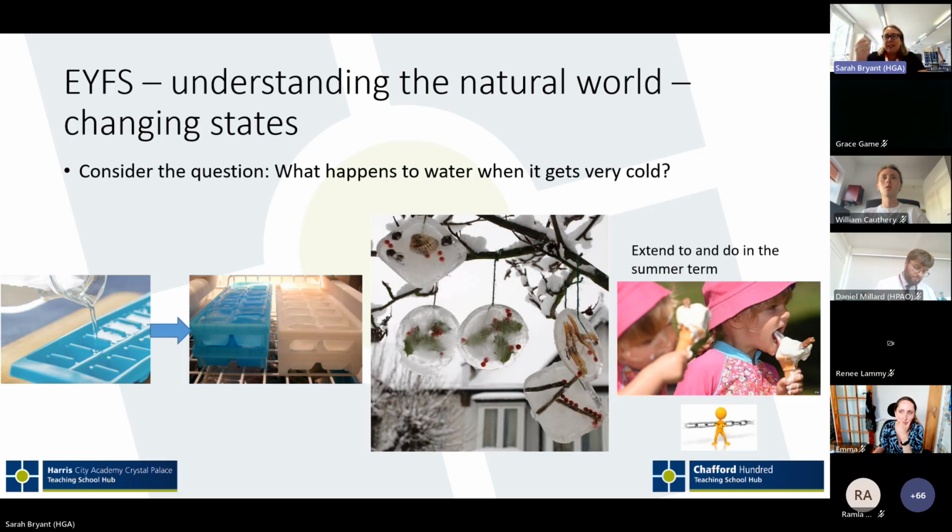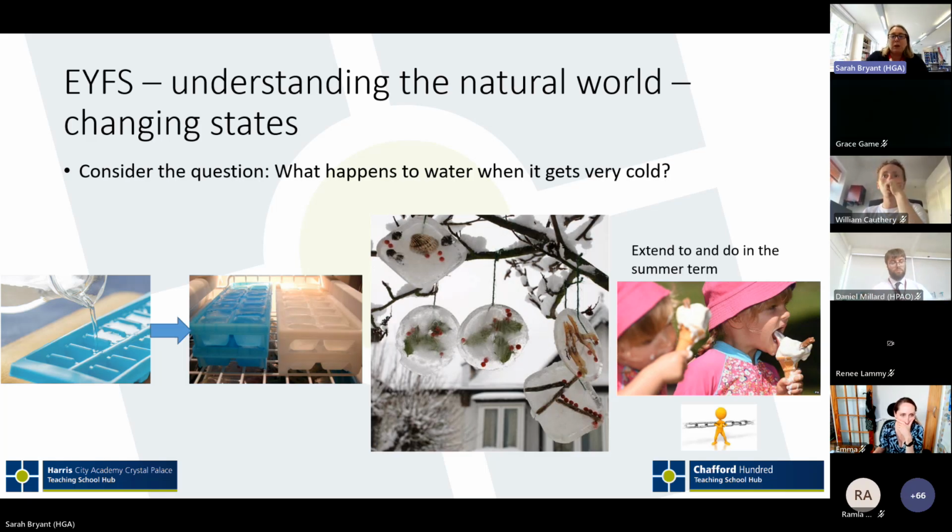Let it freeze, get it out of the freezer. What's happening to the lollipop now? So actually observing it happen, the fact that it's melting very, very fast at the moment. So we have to eat it quickly. Making sure they're experiencing things like that in their real life is really important.